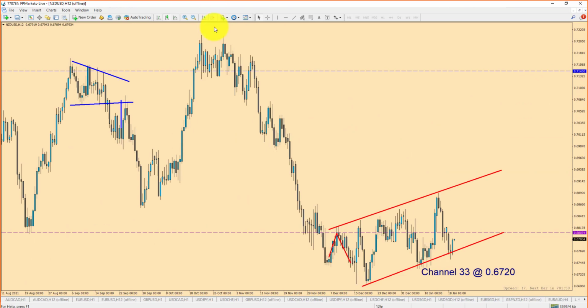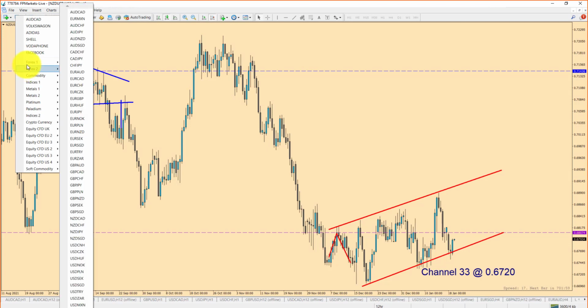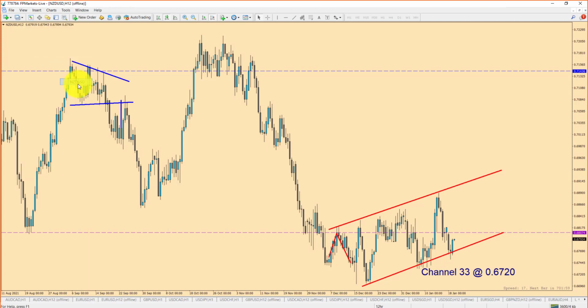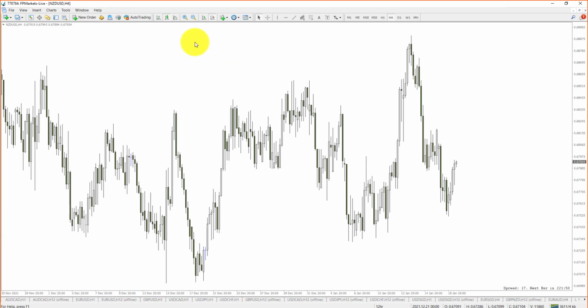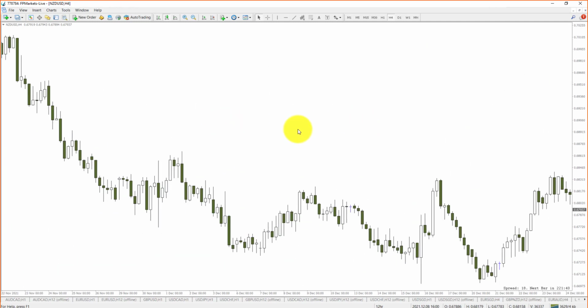Let's pull up a 4 hour, see if we can find a little bit more action. Probably should have opened up my 6 hour charts, but I've been trading the 12. Okay, so here's, no, that's no good. That's more of a continuation pattern.